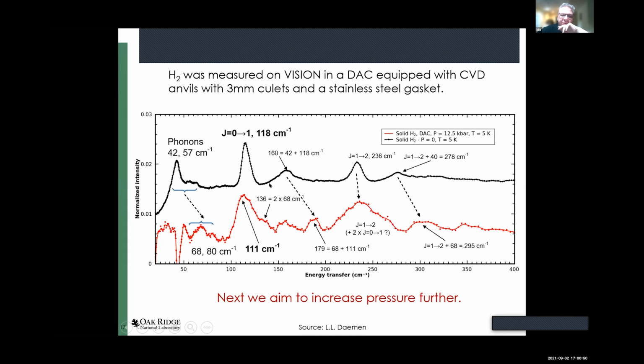And here you have the acoustic phonons, and you're going out into the lattice modes here, and you can see the shift in the lattice modes as you increase the pressure. So next we aim to increase the pressure further, and we have a plan to collect data in roughly the 10 to 15 GPa region.